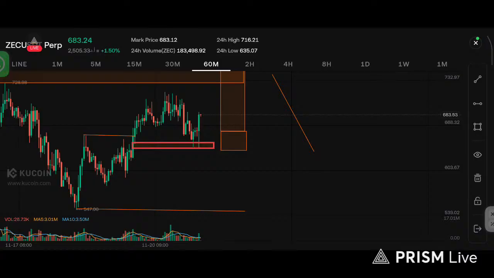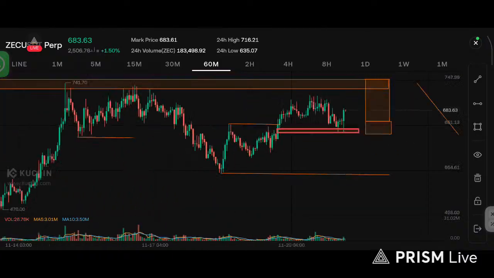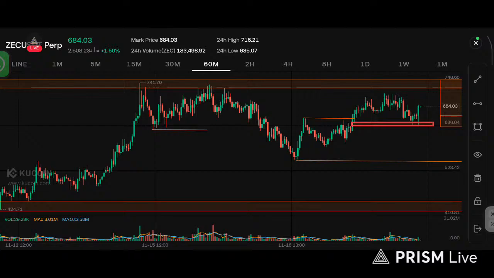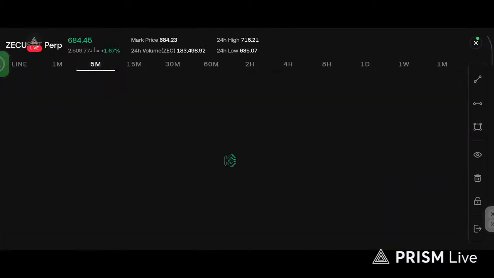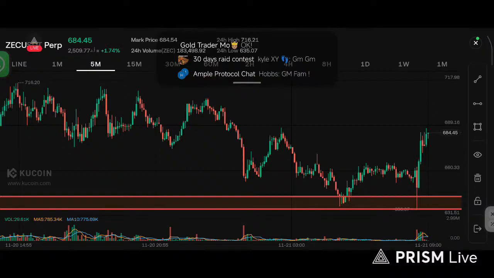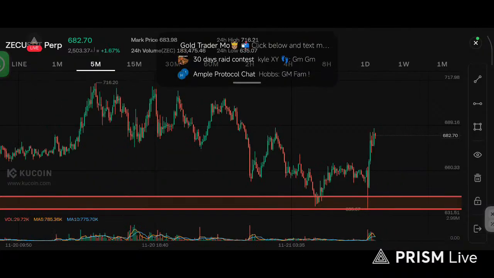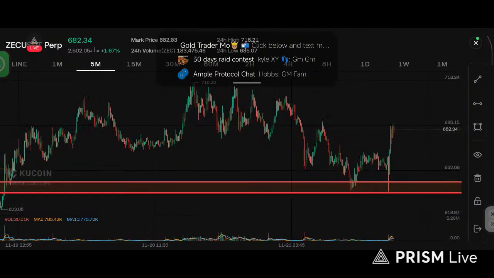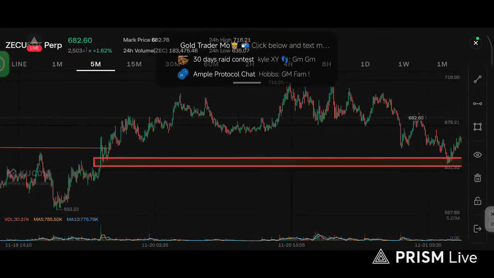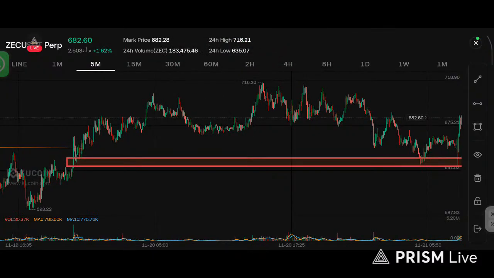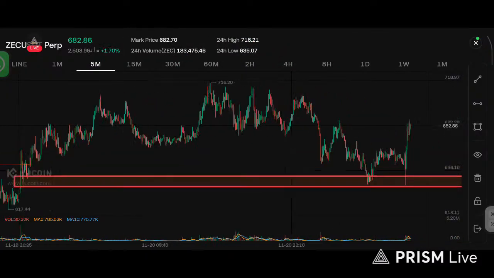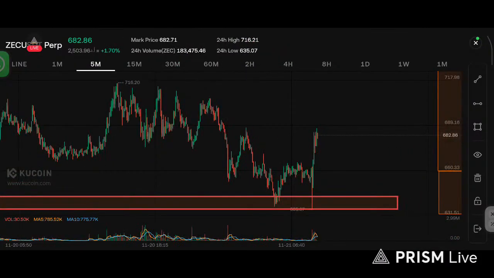So what we are going to do next right now is to check our 5-minute time frame. Have you seen what is happening in the 5-minute time frame? Fair value gap is valid.